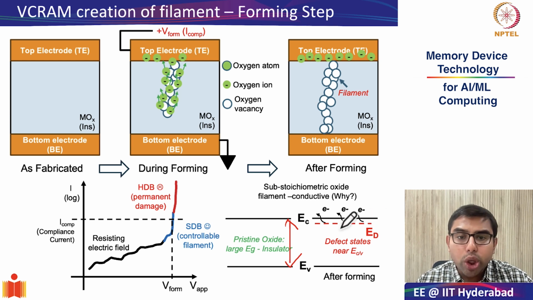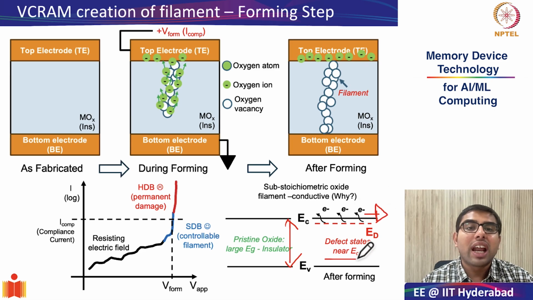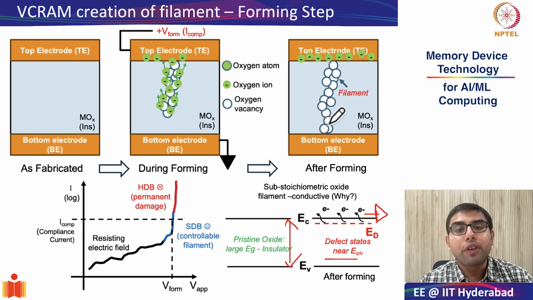And now these new states near the conduction band can donate electrons to the conduction band, and therefore this new defective system becomes like a conductive element, this localized conductive element which behaves like a filament after the forming step.